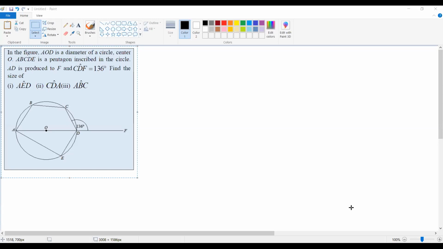How did you get 22? You take away 136 from 180 and you get 44, and you divide 44 by 2 and you get 22.